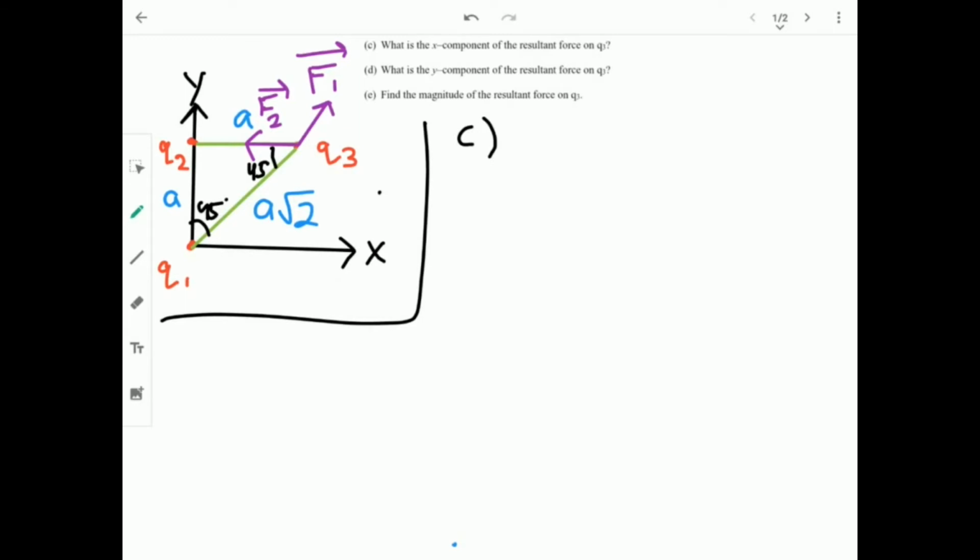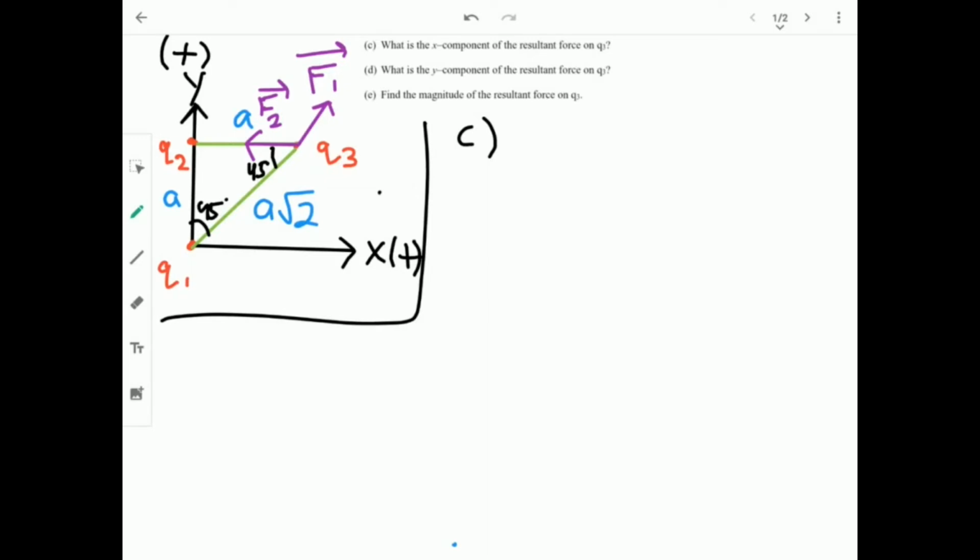So with that in mind, let's define our positives and negatives. So this direction is positive for X and the up direction is positive for Y. Now F2 is fine with the X axis, but F1 we have to resolve it. Now I've given some angle measures. Since both A and A are congruent, it's a 90 degree angle.